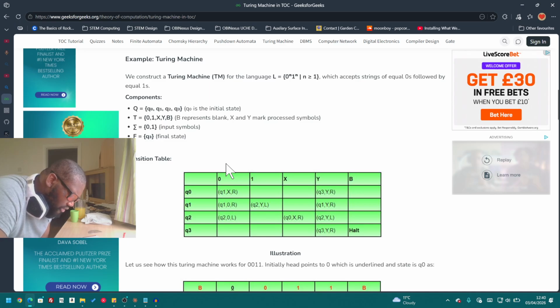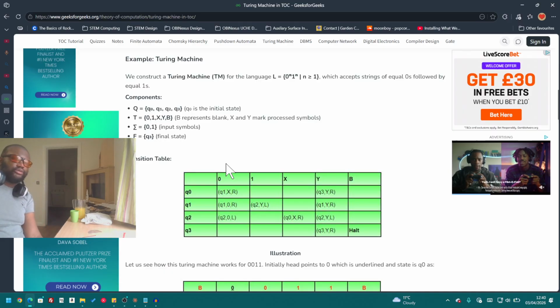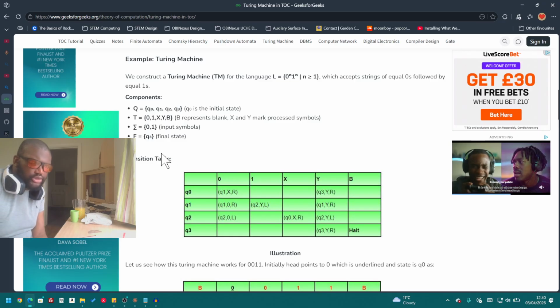You can have first X, Y, XB, YB, and XY, YB. The final state solution is in this symbol.